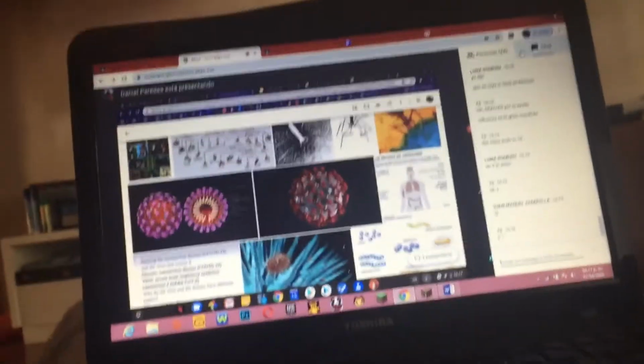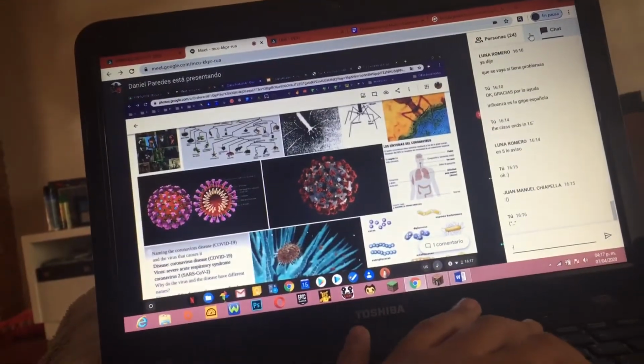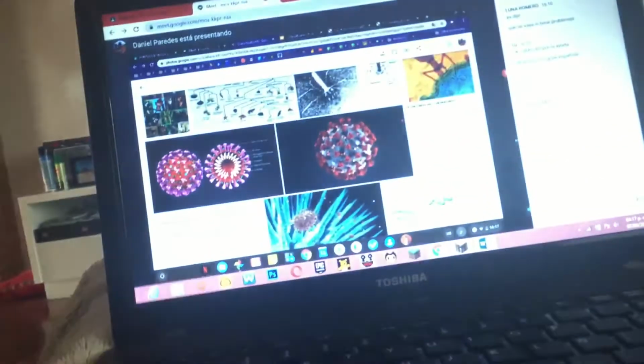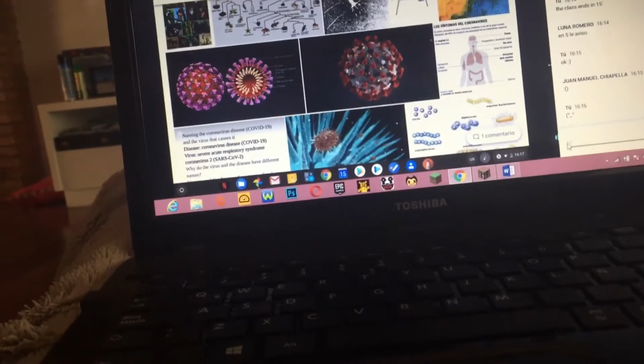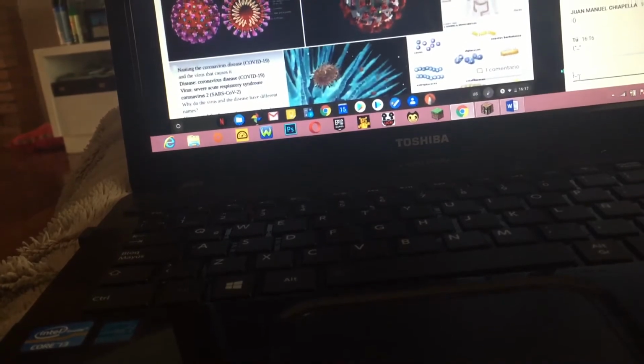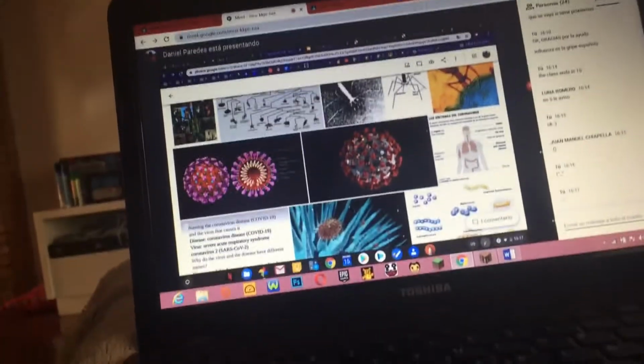Now, imagine you were to put an instruction in those cells that says, I don't know, make fingernail. Those cells will start making fingernail, which would be very strange. Or if you put another instruction that says make copies of this coronavirus, the cells will do that. So it's not the cells in your head that do that. The coronavirus gets inside your soldiers, your white blood cells, and tells them to make copies.